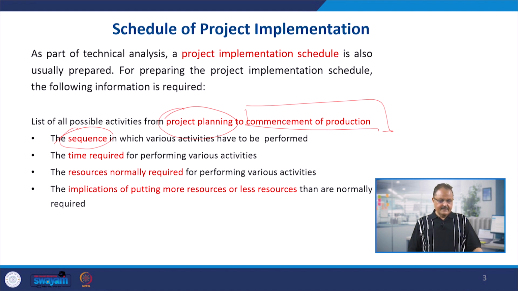The next important thing in the scheduling of the project implementation schedule is the time required for performing various activities. We should measure the time, and we should attain optimum time estimates, so that within the optimum time we are able to manufacture the product, give shape to the product, and finally take it to the market.